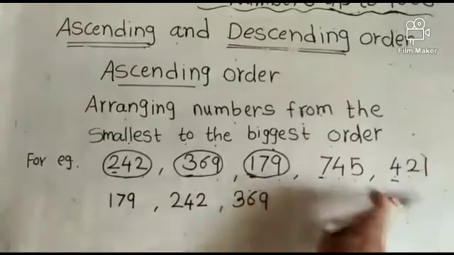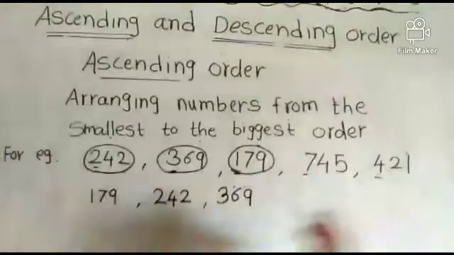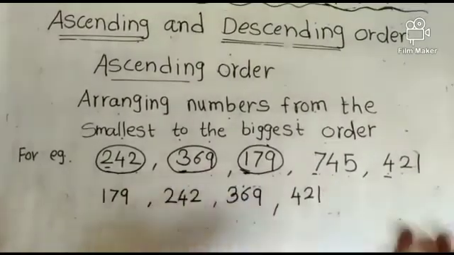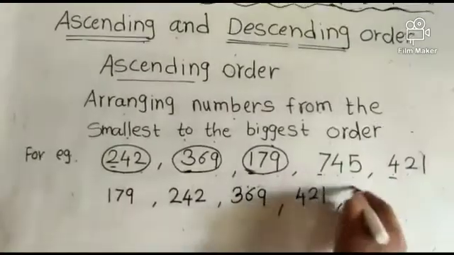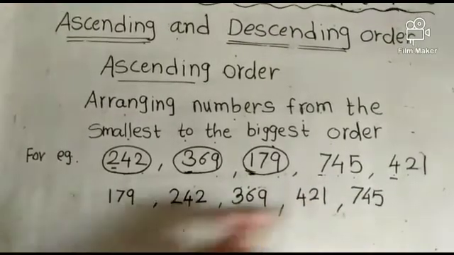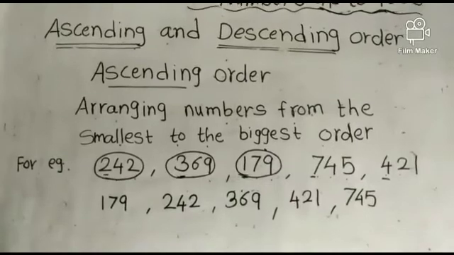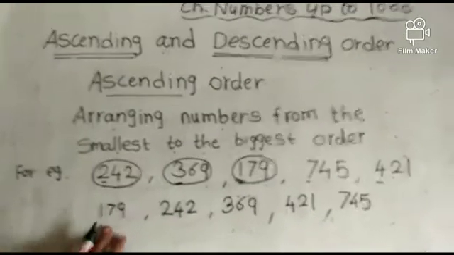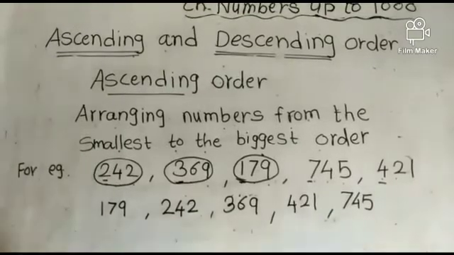Now in these two numbers, first 421 will come, and the biggest number is this 745. This is ascending order, means we arrange these numbers from smallest to biggest.